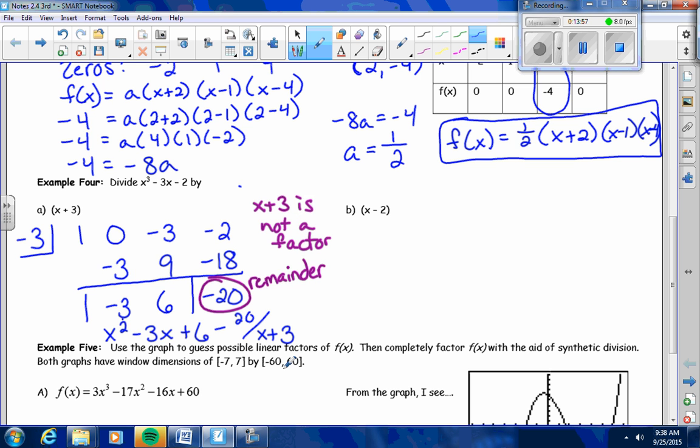And that's how we can write our answer, the result after that dividing. So if x plus 3 is not a factor, that means -3 is not a 0 of the function.